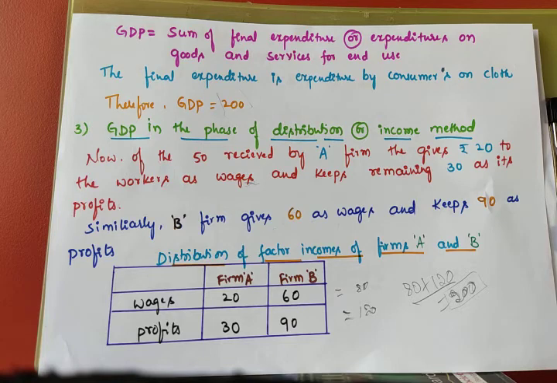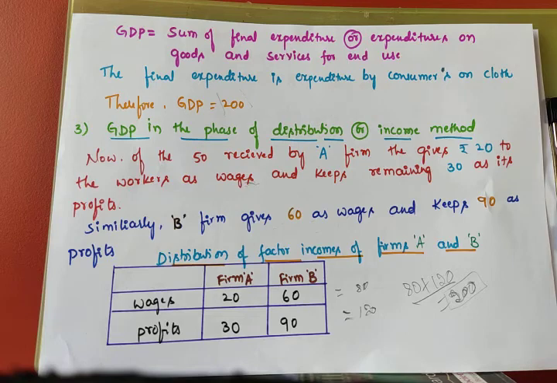Firm A produces cotton worth rupees 50 and sells it to B. Definitely firm A received rupees 50. Out of this 50, firm A provides rupees 20 to the workers as wages, and the remaining 30 rupees it keeps as profit.